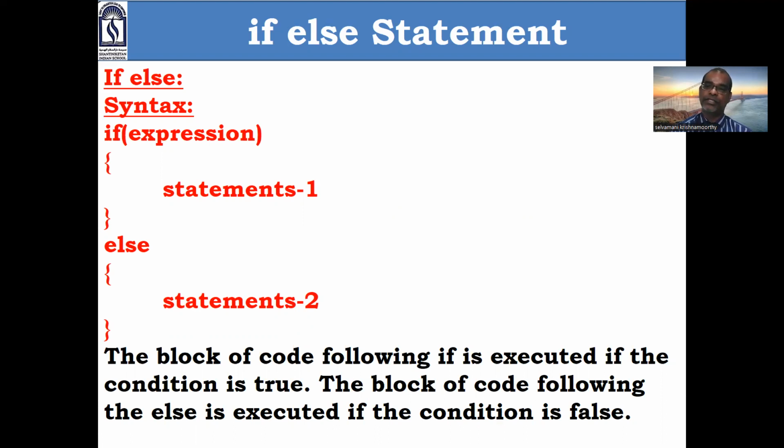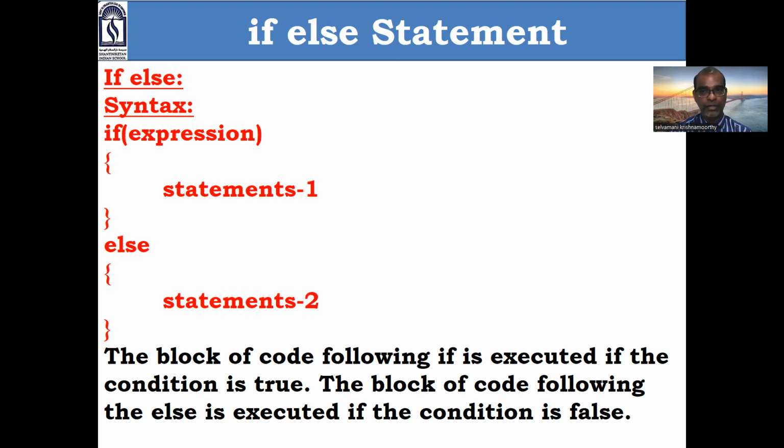In the previous lesson, we studied the if statement. If the condition or expression gives true, one statement will execute. If the expression gives false, nothing will happen. That's all. But in this if-else, we have two sets of statements. If the condition is true, one set of statements will be executed, another set will be skipped.